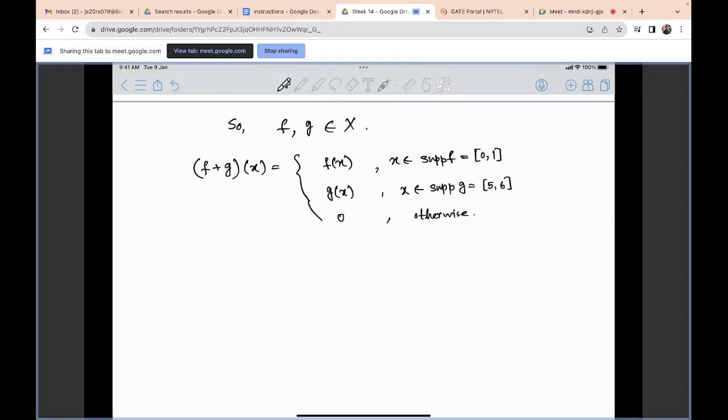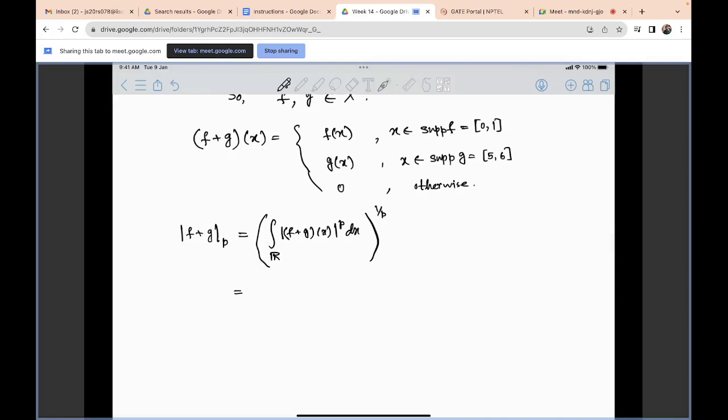Right. So what will be this integral, that is, the norm of f plus g to the power p? By definition, it is the integral over R of |f plus g|^p dx, to the power 1 by p. Note that it is otherwise 0, so only the integrals over 0 to 1 and 5 to 6 survive. From 0 to 1 it will be f(x), because g is 0 here, plus from 5 to 6 it will be g(x), because there f is 0.